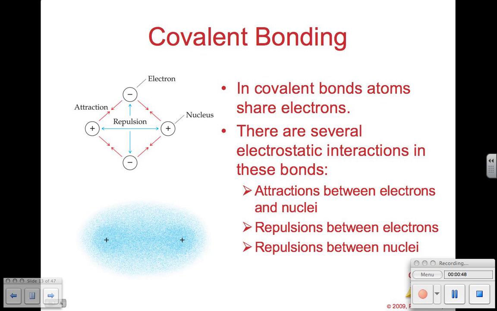You've got the positive charges of the nuclei, which repulse one another, but it's the nuclei that actually attract the electrons from both their own atom and the other atom, thus the sharing of electrons. And then there's repulsion between all the electrons involved in the covalent bond. So you've got these three types: attractions between electrons and the nuclei, repulsions between the electrons, and repulsions between the nuclei.